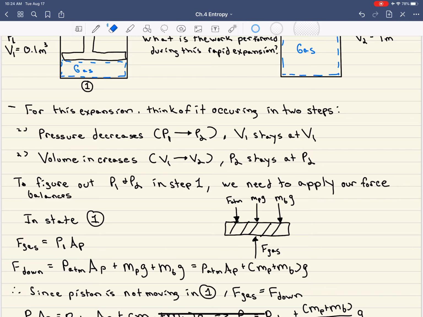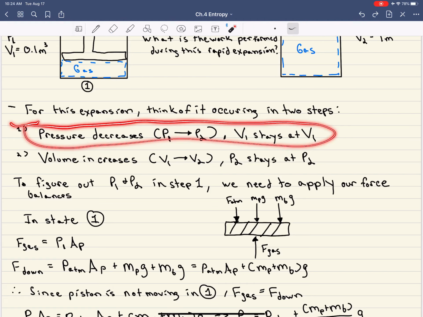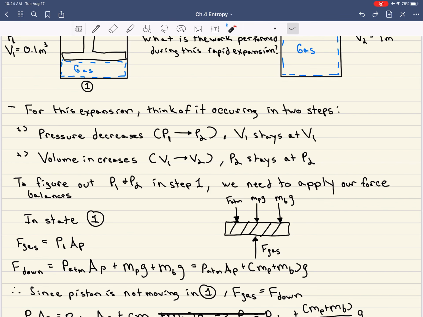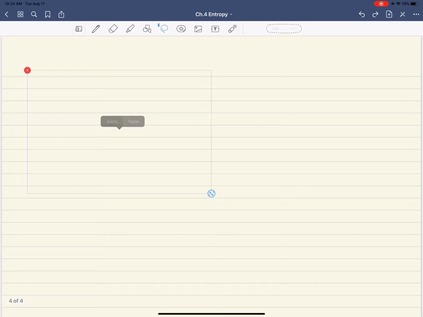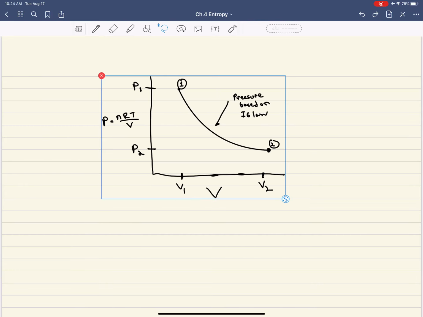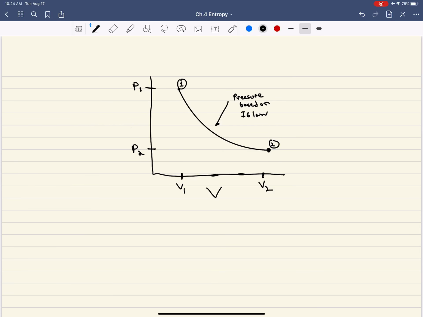initially all we're doing at the beginning is just looking at the changes in the pressure while volume stays the same. We can visualize this step by revisiting that pressure versus volume graph that we looked at the beginning.